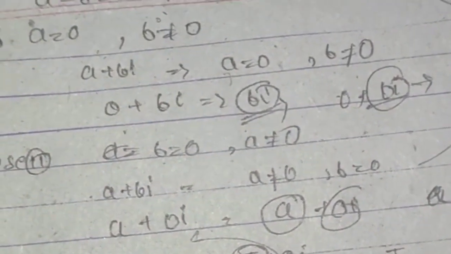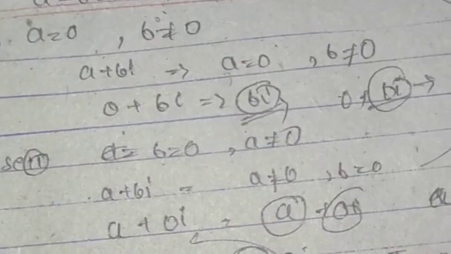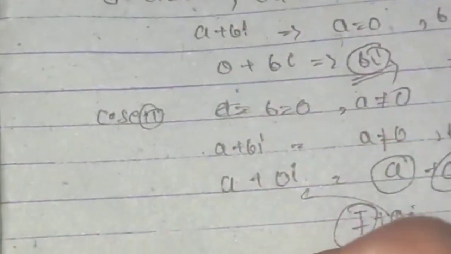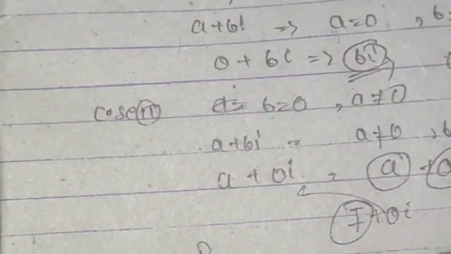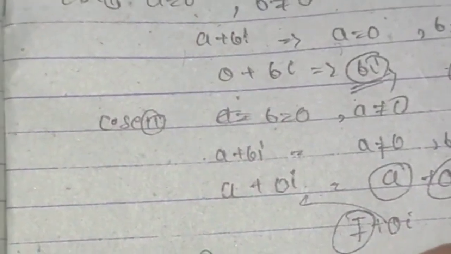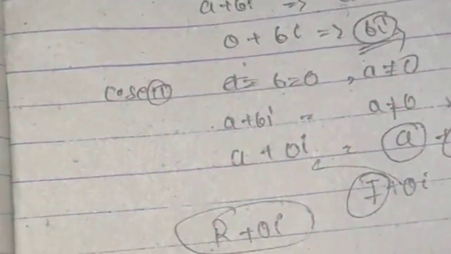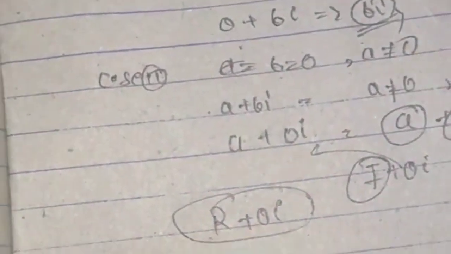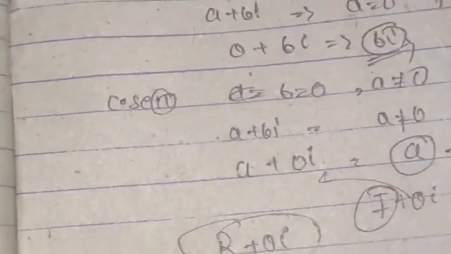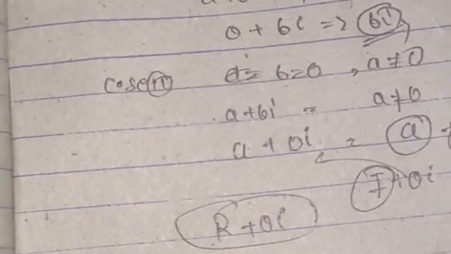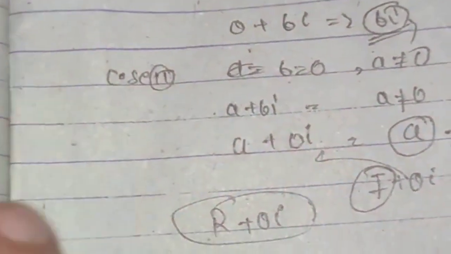So all purely real numbers are of this form, including 0. We can say that easily.